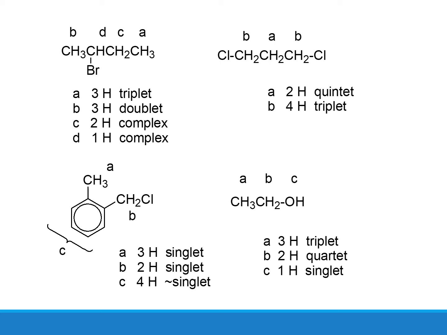Okay, how many hydrogens do we have from the right and left side? You have 2 hydrogens in the left B and 2 hydrogens in the right B. So 2 plus 2 plus 1 will be 5. That's why it becomes n plus 1, then a quintet.